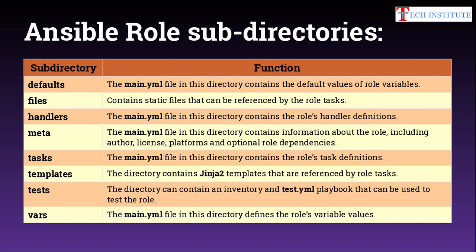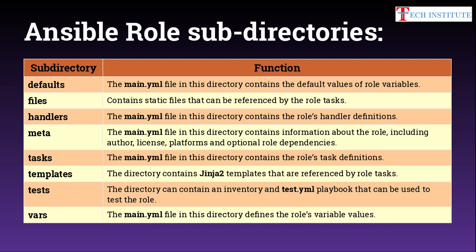That information is also kept under this meta directory in the main.yml file. Whereas tasks contains a file main.yml which has all the role tasks, like creating a user, installing some packages, starting a service. All those kinds of tasks you can put in this file.